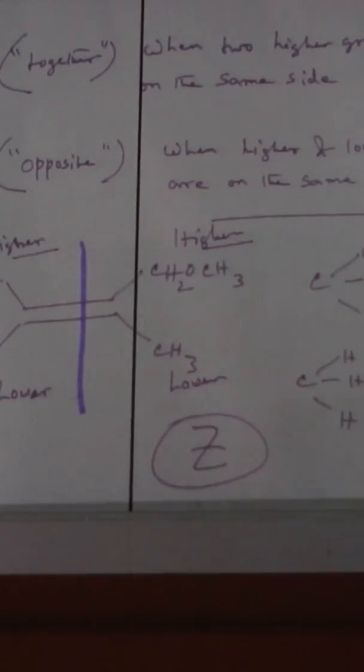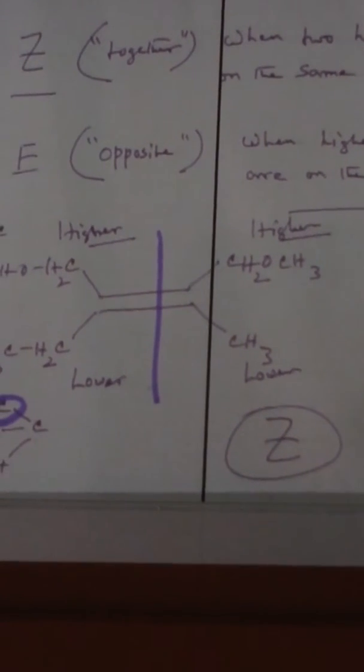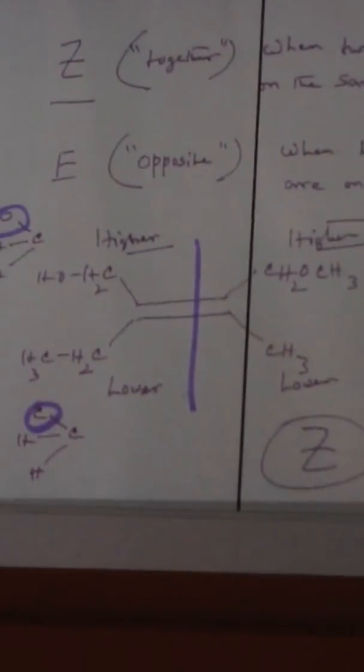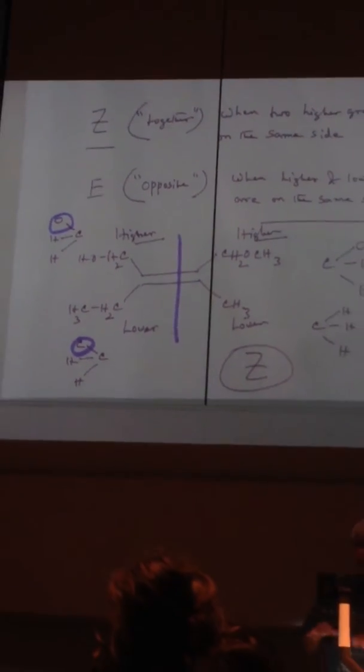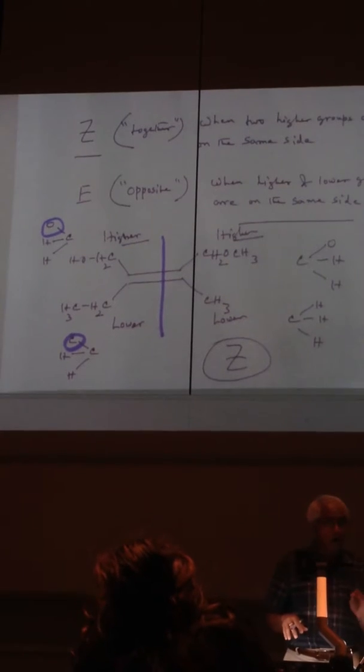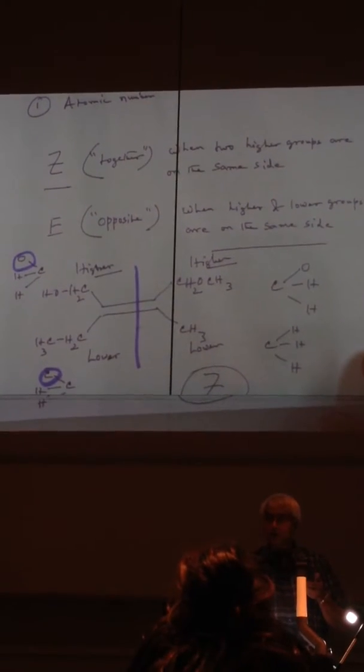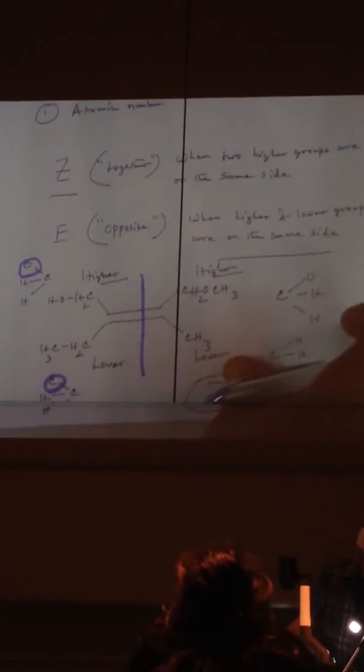This is lower. The higher and higher are on the same side, and the lower and the lower on the other side. And there are some other issues related to that. If you have multiple bonds, then you can count them multiple times. Let me give you an example of that.